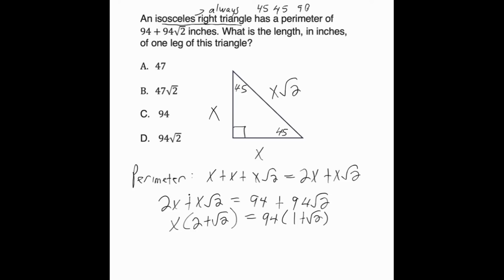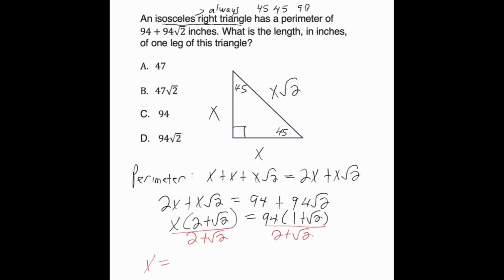Now, to get x by itself, we can divide both sides by 2 plus root 2. And now we'll have x equals 94 times 1 plus root 2 all over 2 plus root 2.